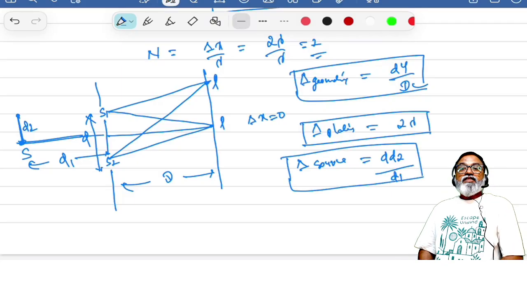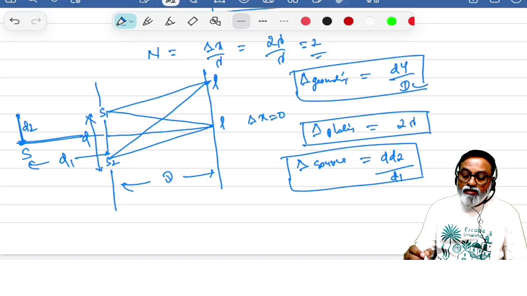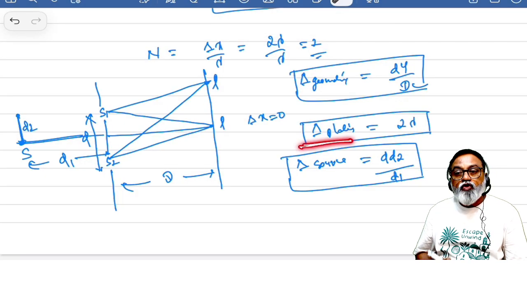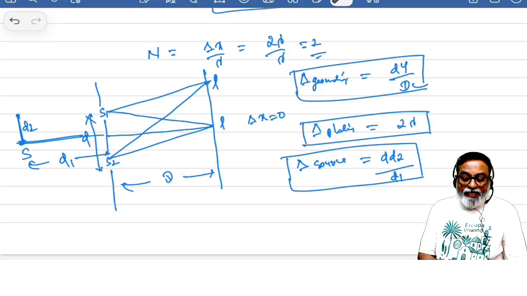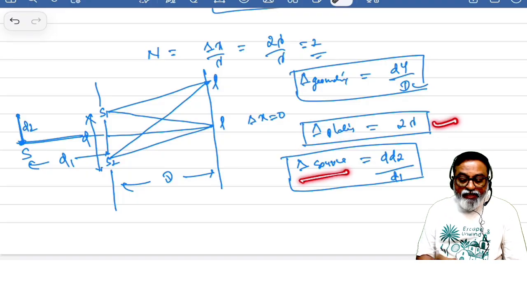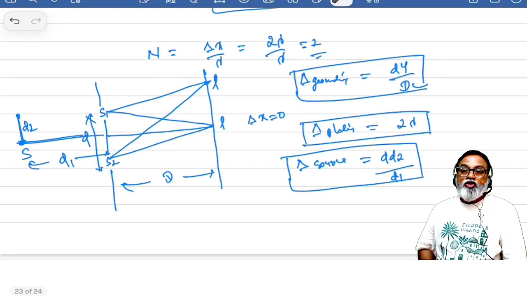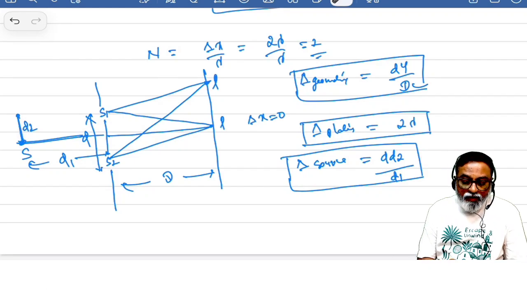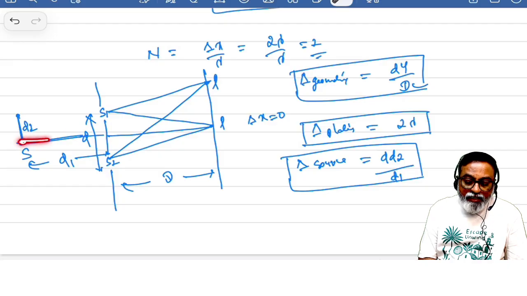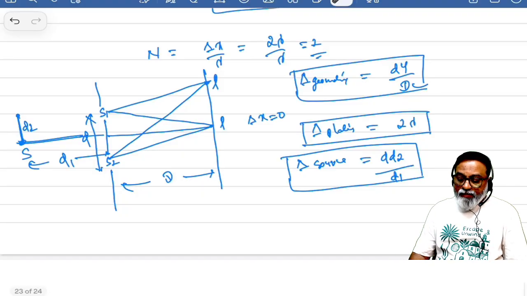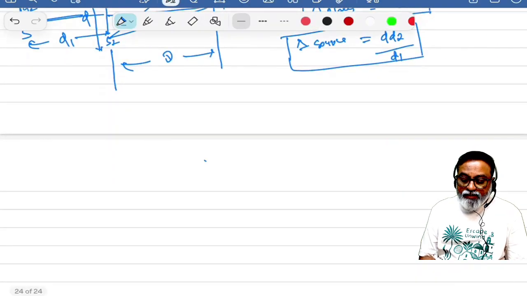Therefore, these are the three types of path differences. One is due to the geometry of the slits, one is due to introducing the plates, 2 lambda, and one arises when the source is shifted upwards. Initially, when the source is not shifted, at point P the path difference is 2 lambda.